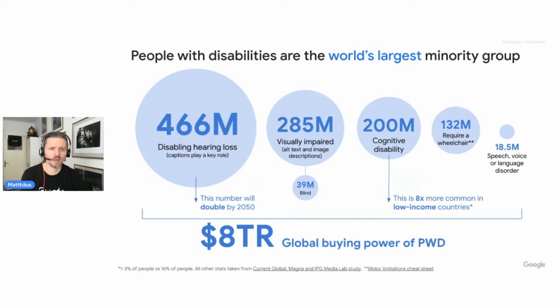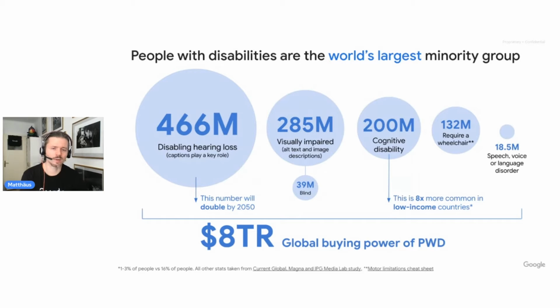It's not just the right thing to do, it also contributes to business growth. People with disabilities are the world's largest minority group. As we can see in this slide, the scale is huge, because it's not only the people with impairments or disabilities, but also their family members and friends. Just talking about people with disabilities, globally, it's over 1 billion, which is almost 15% of the world's population.